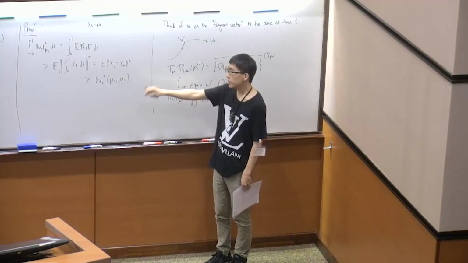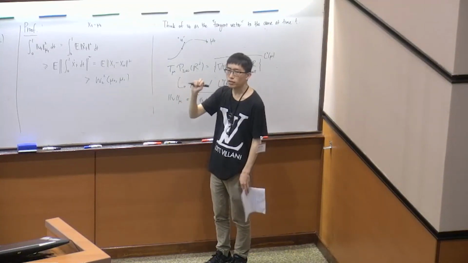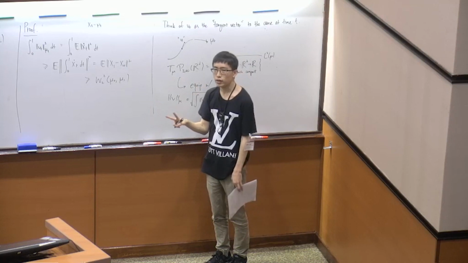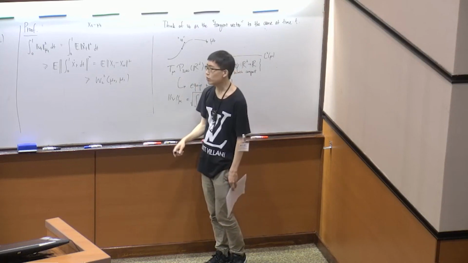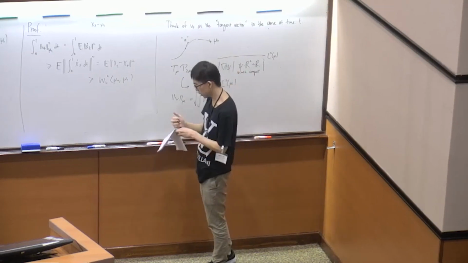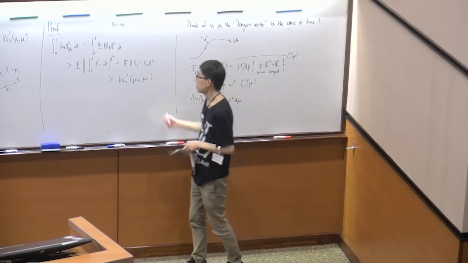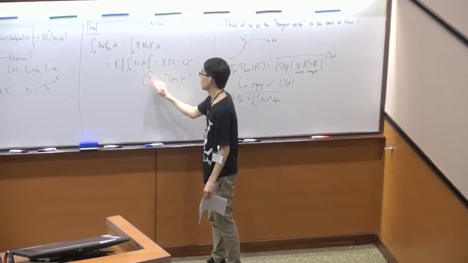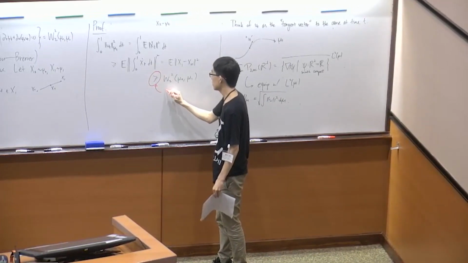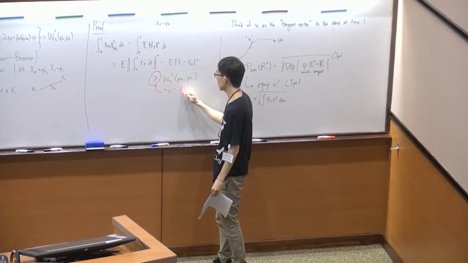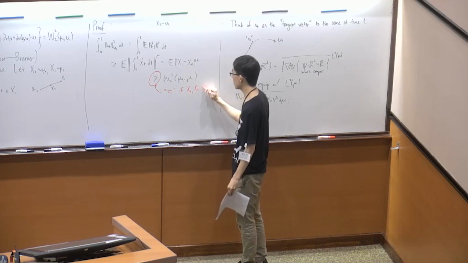And in this chain of inequalities, I used inequalities exactly twice. So now we can just examine what the equality cases are for these two inequalities. First of all, this, of course, is obvious. So this is equality if x0, x1 are optimally coupled.